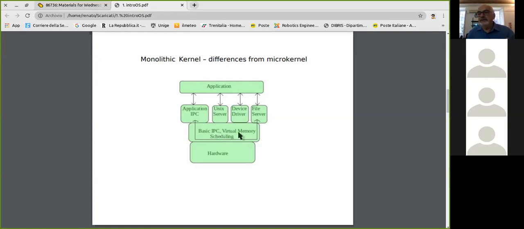So it includes all the support for communication that we have generalized as push, pull, blackboard, publish, subscribe, and so forth. So communication.